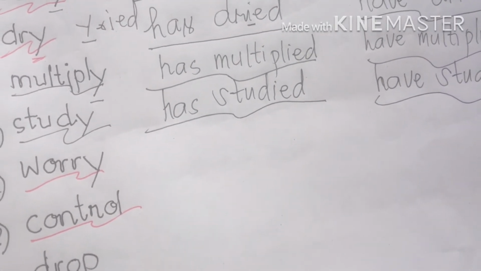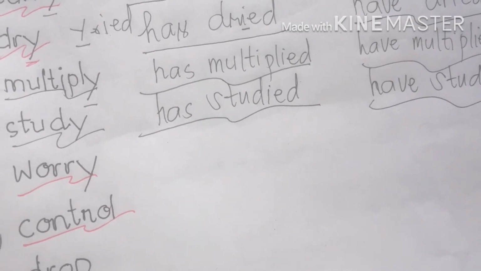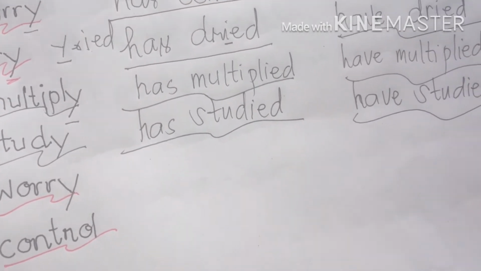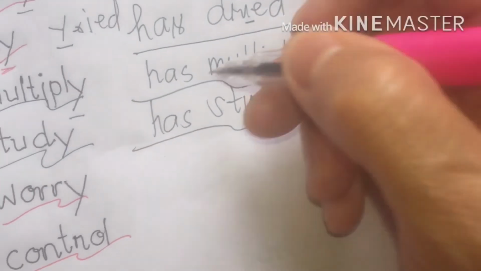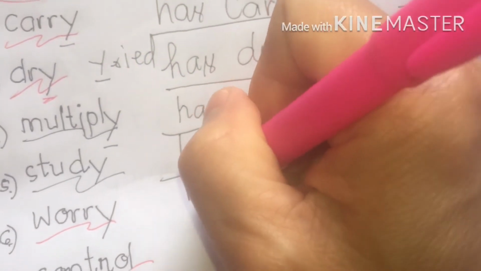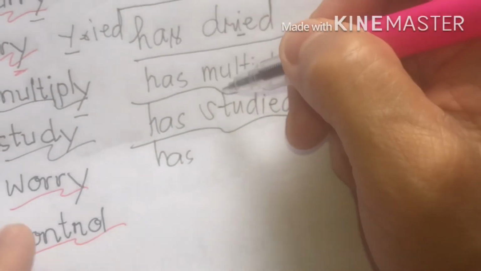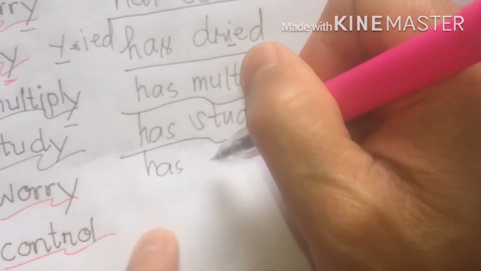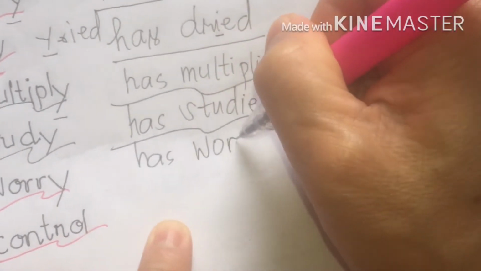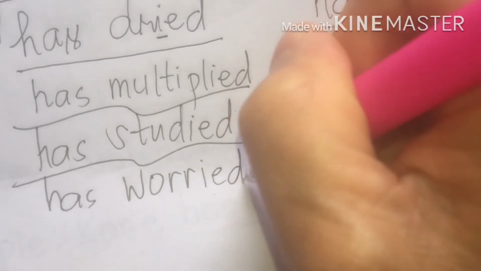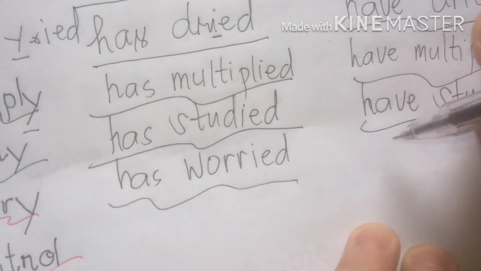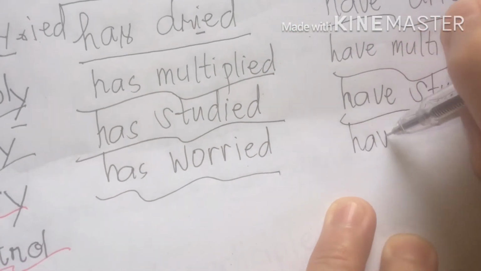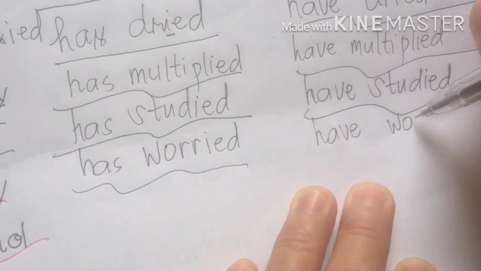Let's continue, my dear students. Has, then change y to I and add ed, worried. So be careful with this. Next, have worried.